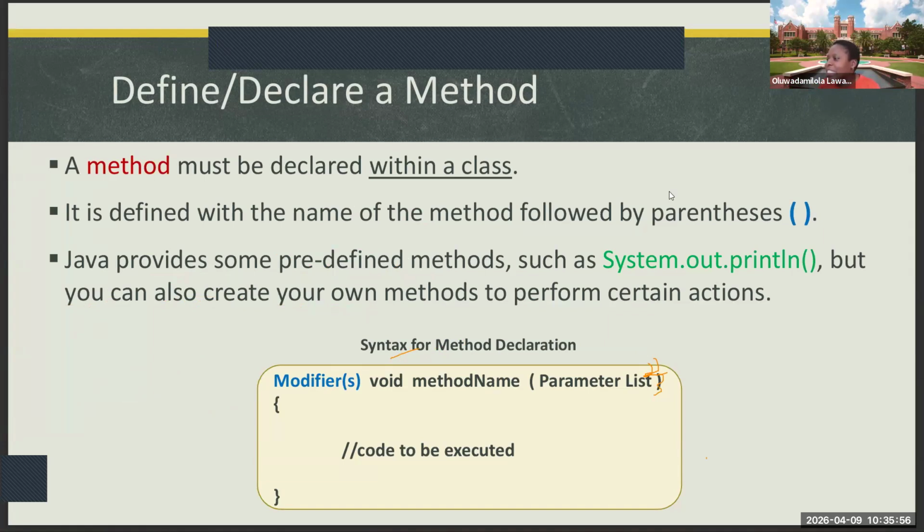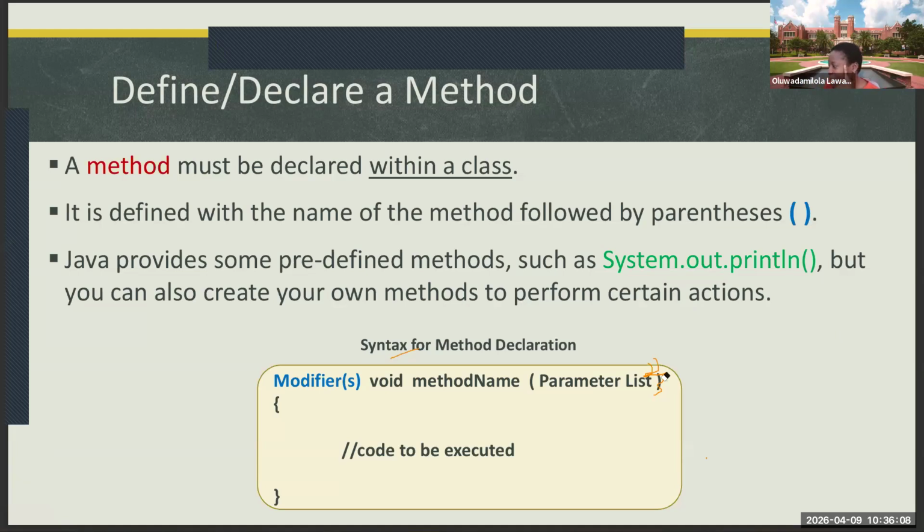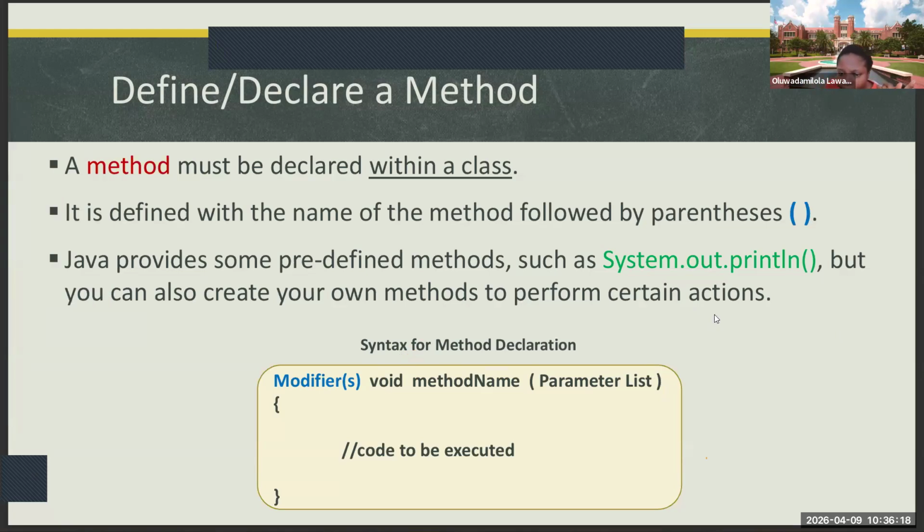It is defined with the name of the method followed by parentheses. That tells the compiler, even when a parameter is not passed, it has to be followed by parentheses, which tells the compiler this is a method, a user-defined method.